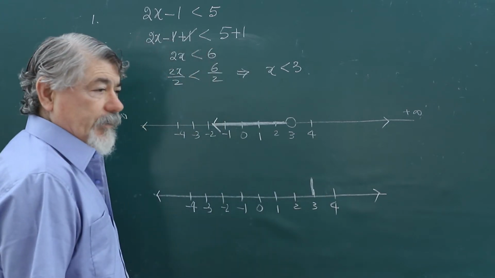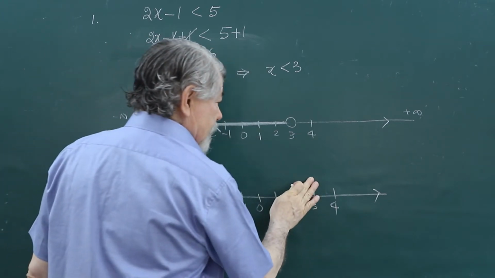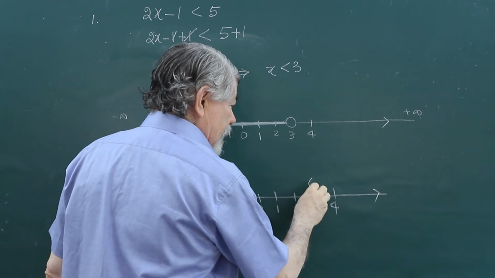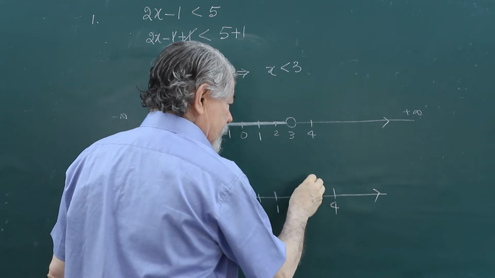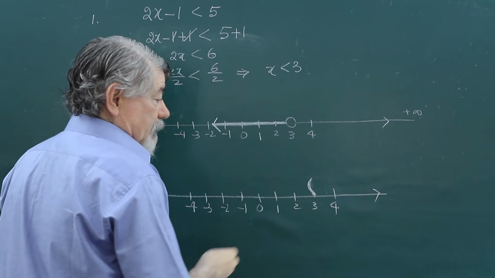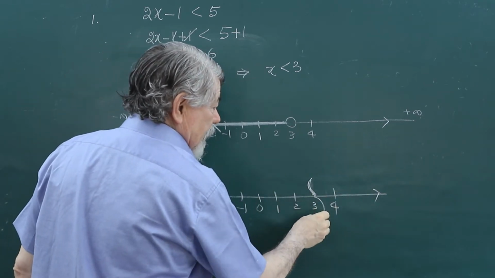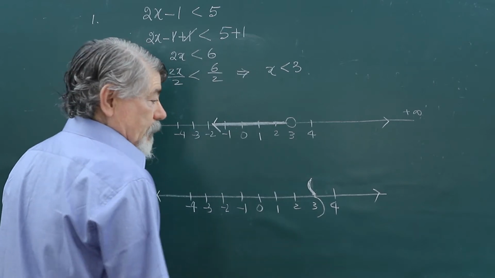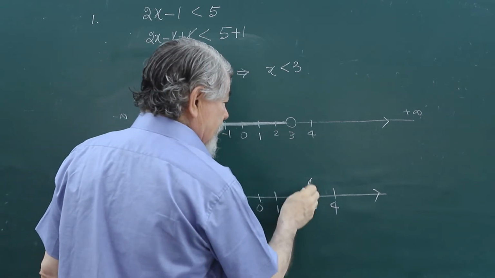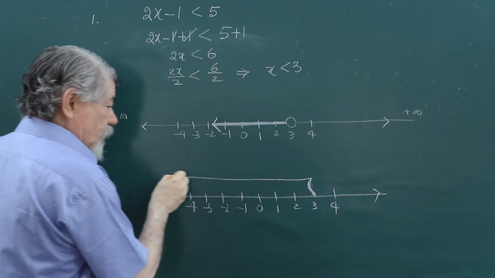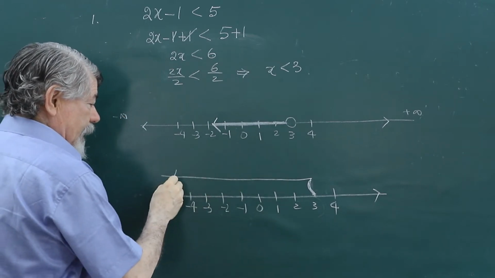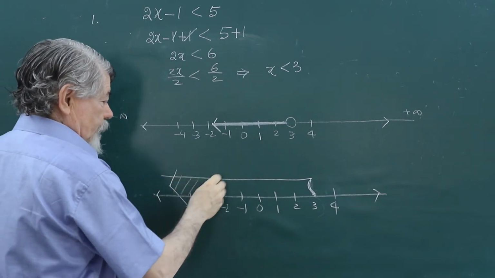But it is not equal to 3, it is less than 3, so I draw an arc like this. If it was more than 3, I would have done it like that. So for less than 3, I draw an arc and a line parallel to the number line and indicate an arrow.